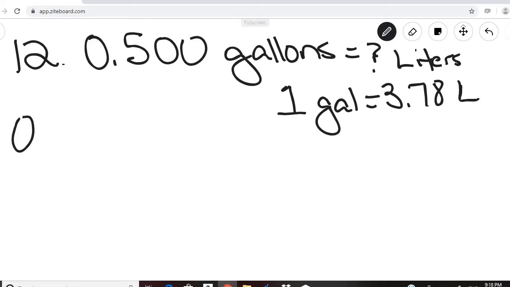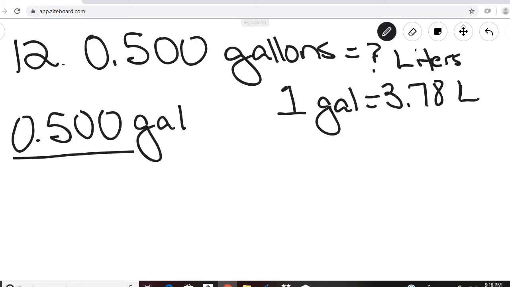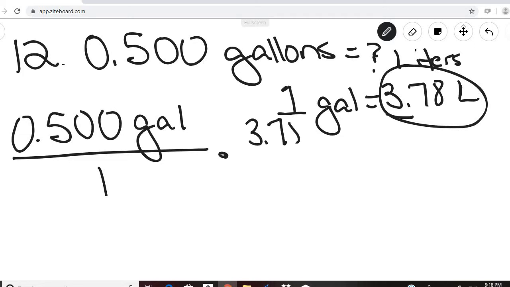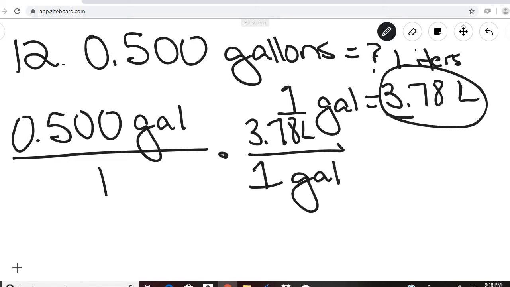So the unit that you want to convert, you put with its units attached over 1, and then we will multiply that. We want to end up with liters, so this number goes on top: 3.78 liters is equal to 1 gallon. So we'll multiply across the top and divide by the bottom, but the bottom is just 1, so we're just going to multiply across the top.